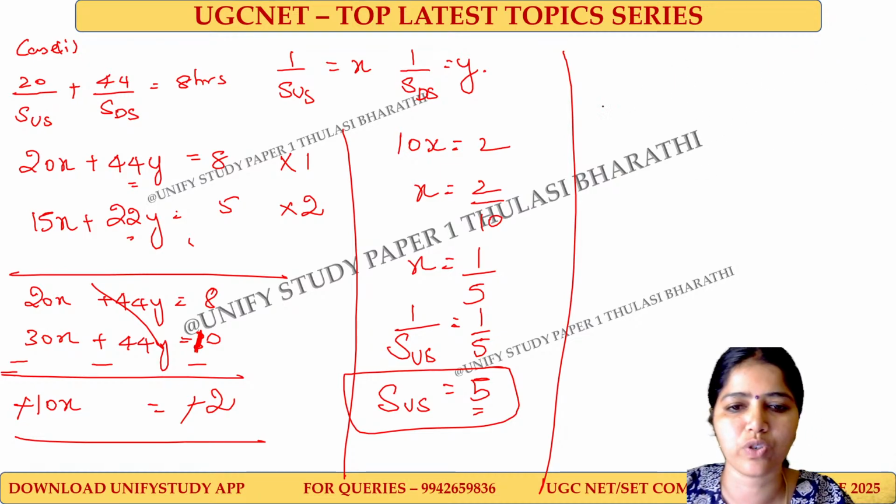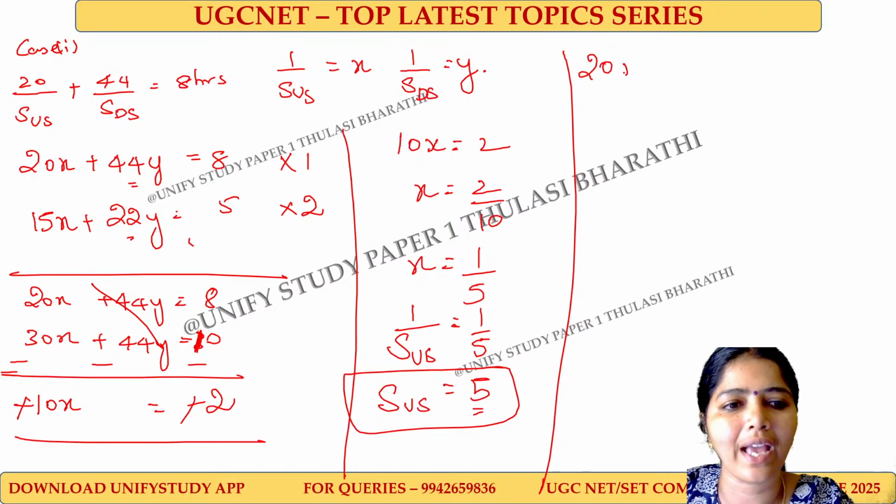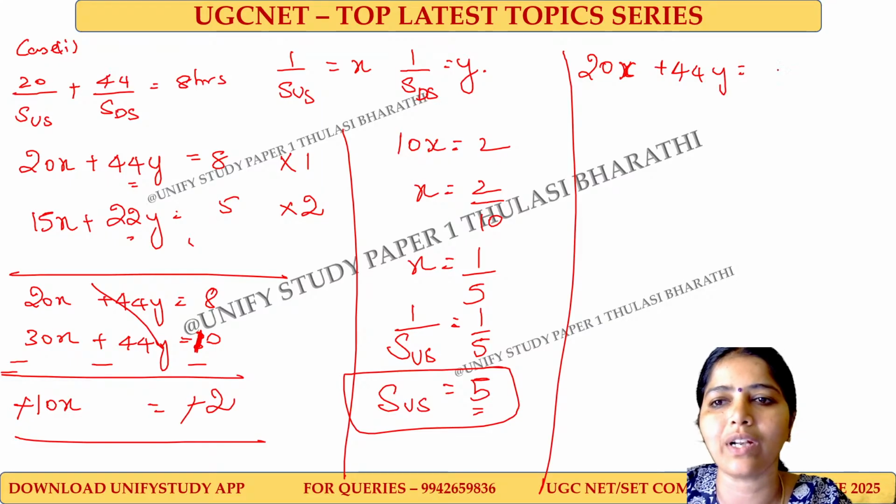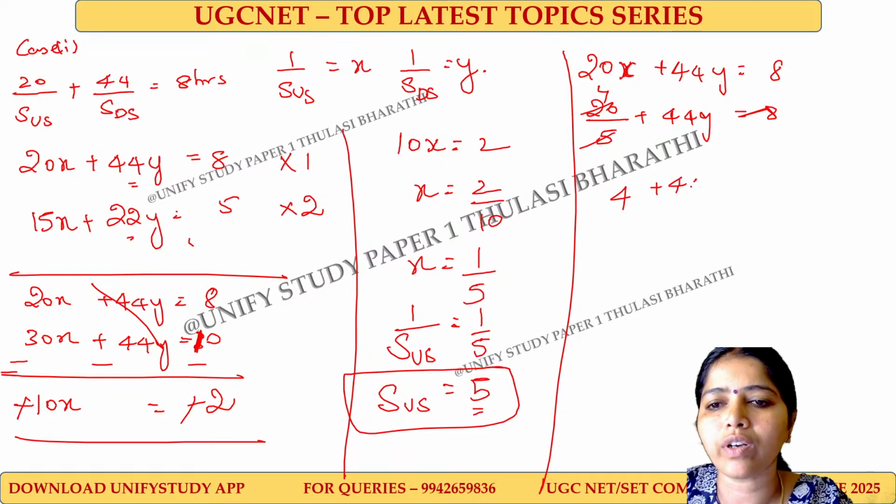Simply we can substitute this value in any one of the equations, like 20x plus 44y is equal to 8. We have got x is equal to 1 by 5. So 20 divided by 5 plus 44y is equal to 8. This goes 4 times. So 4 plus 44y is equal to 8.